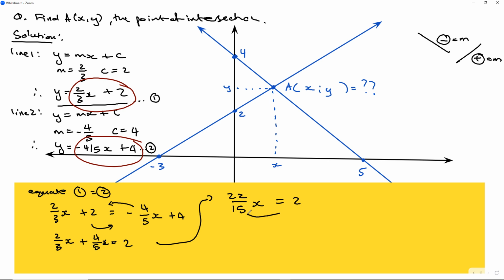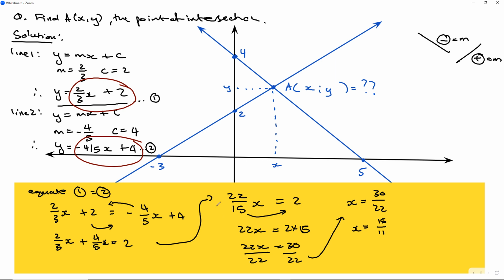Multiply both sides by 15. I get 22x equals 2 times 15, which is 30. So 22x equals 30. Divide both sides by 22, and x equals 30 over 22, which is 15 over 11.